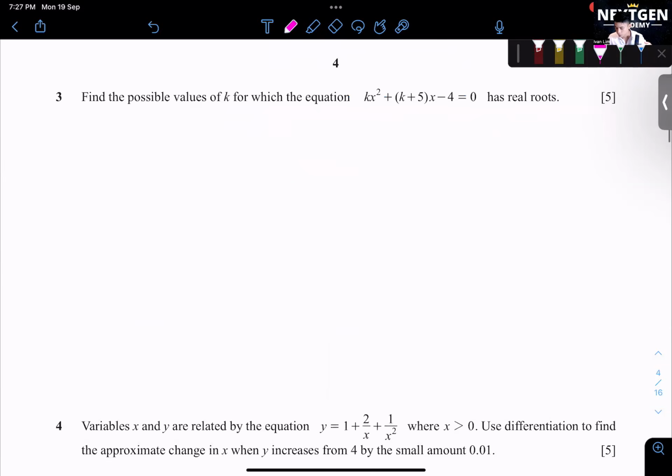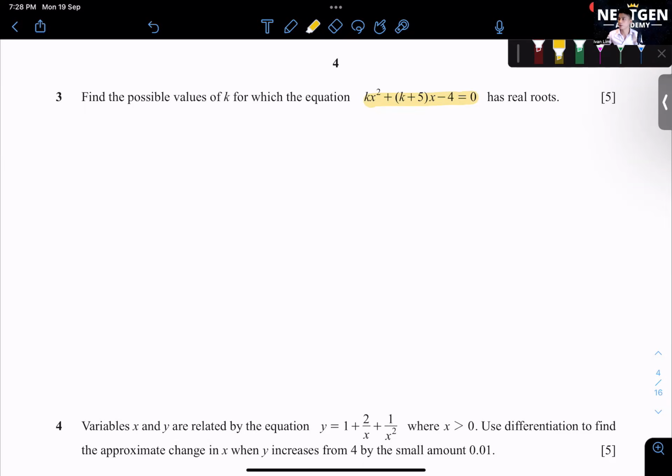Next one, question 3. Find the possible values of k for which the equation kx squared plus (k plus 5) x minus 4 equals 0 has real roots. What is the condition for real roots? b squared minus 4ac equals 0?